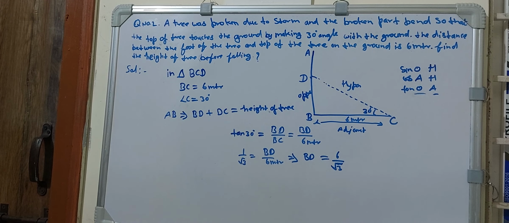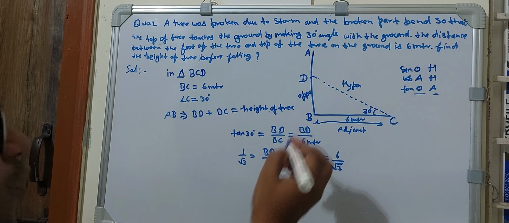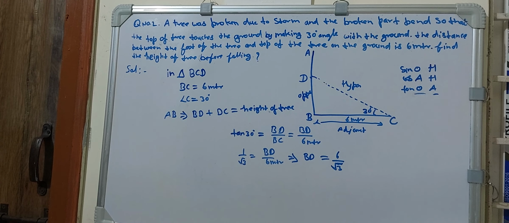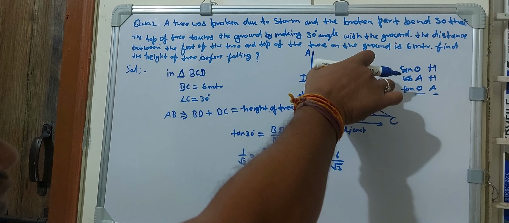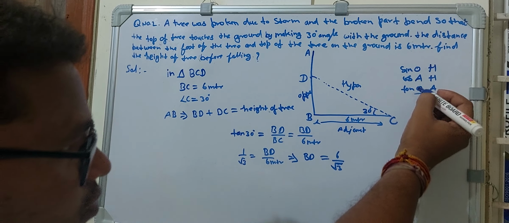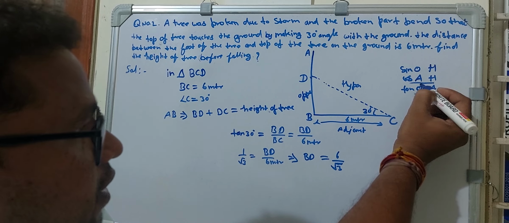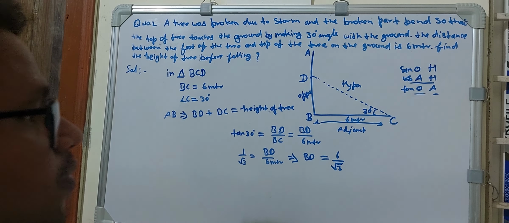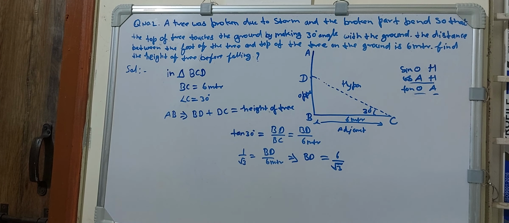Now another, we need to find DC also, so that only we can find the total height of this tree. So to find DC, we can use another trigonometric ratio where adjacent is there and we need to find DC, that means hypotenuse. So here we can find ratio of adjacent and hypotenuse.